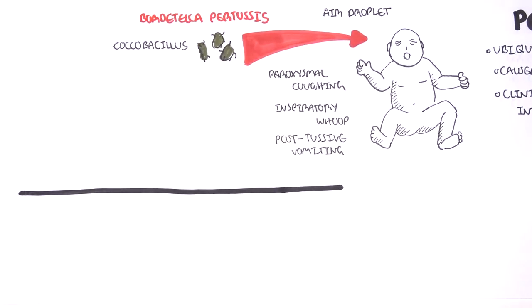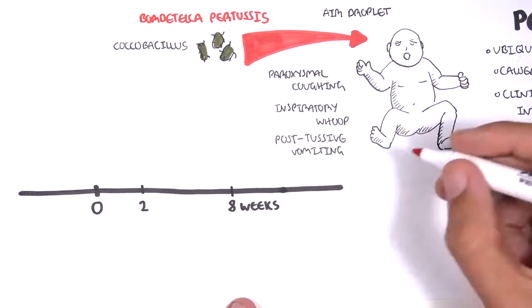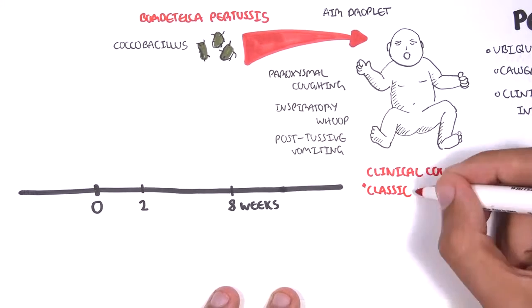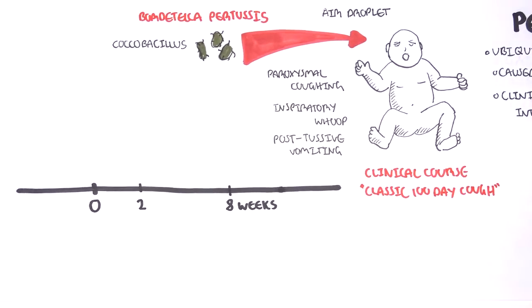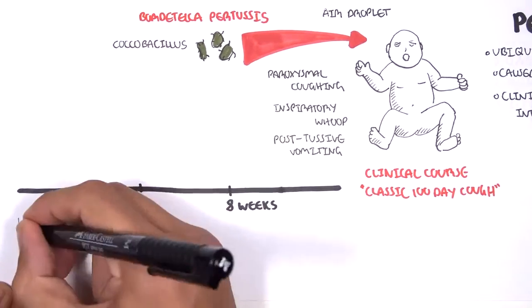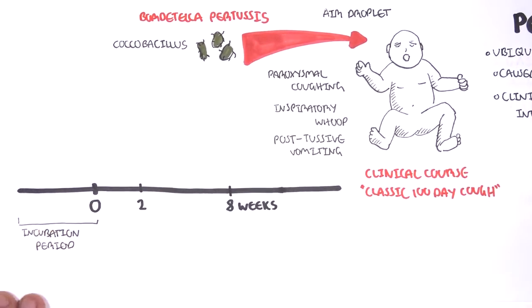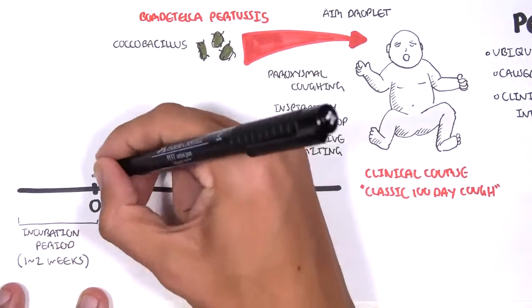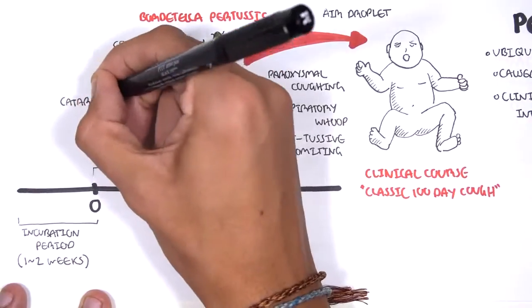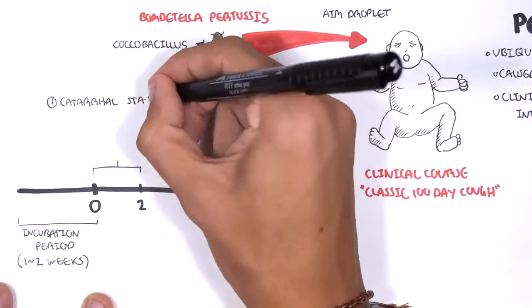As mentioned, the clinical course is a classic 100-day cough, and the 100-day cough can be divided into 3 stages. Of course, there's an incubation period, which is about 1 to 2 weeks before symptoms start coming up. So the first stage is the catarrhal stage, where the person who has the infection becomes highly contagious.